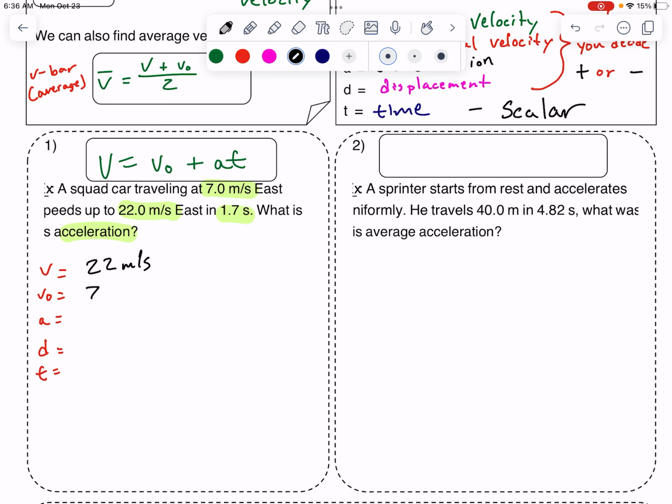I know the initial velocity. I know the time. I'm trying to find the acceleration. And I don't need and don't have the displacement. So I'm just going to cross it out for now, just to kind of clear things up. All right. So first things first.